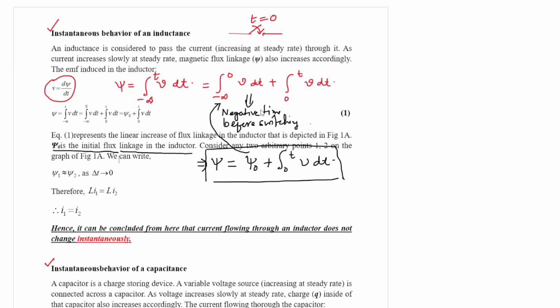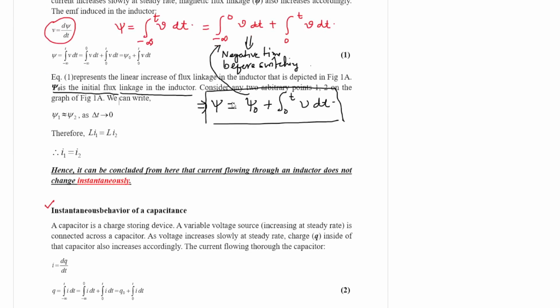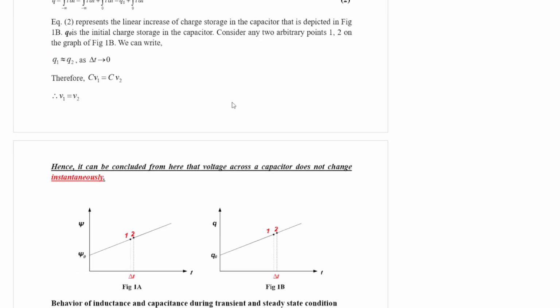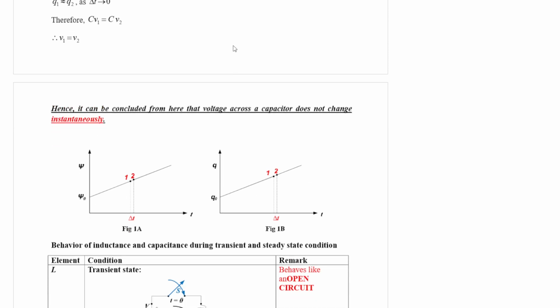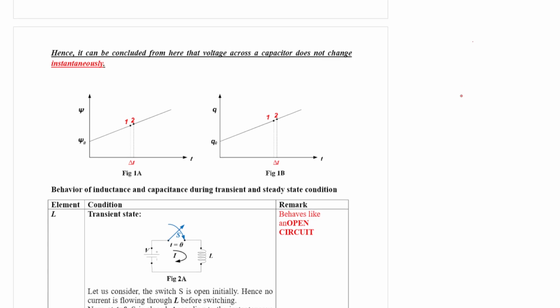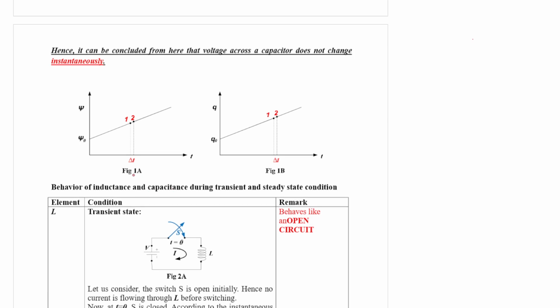So from this equation we can analyze the behavior of the flux change by this graph, figure 1a. What is that equation? Psi is equal to psi 0 plus integration 0 to t of v into dt.